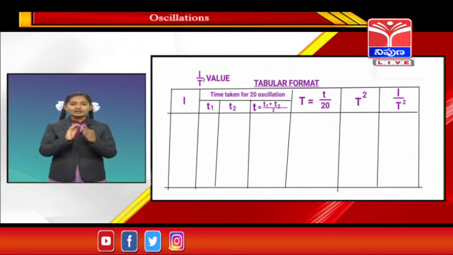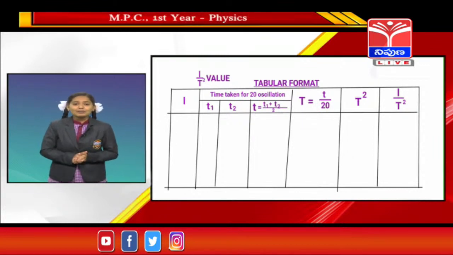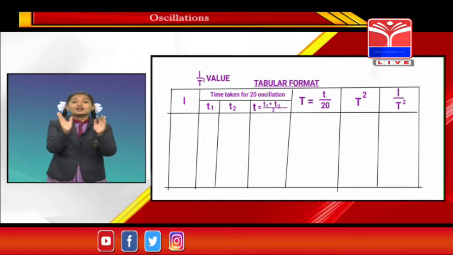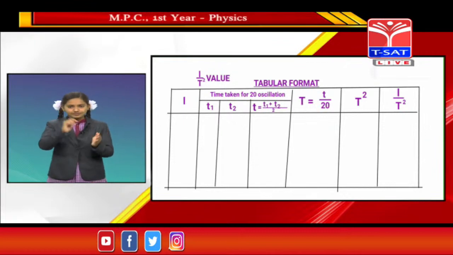Next, the average time taken for 20 oscillations. The time period is equal to small t by 20, where we discussed that the time period is the time taken for one oscillation. For the calculation of one oscillation, the actual time period is equal to t by 20.